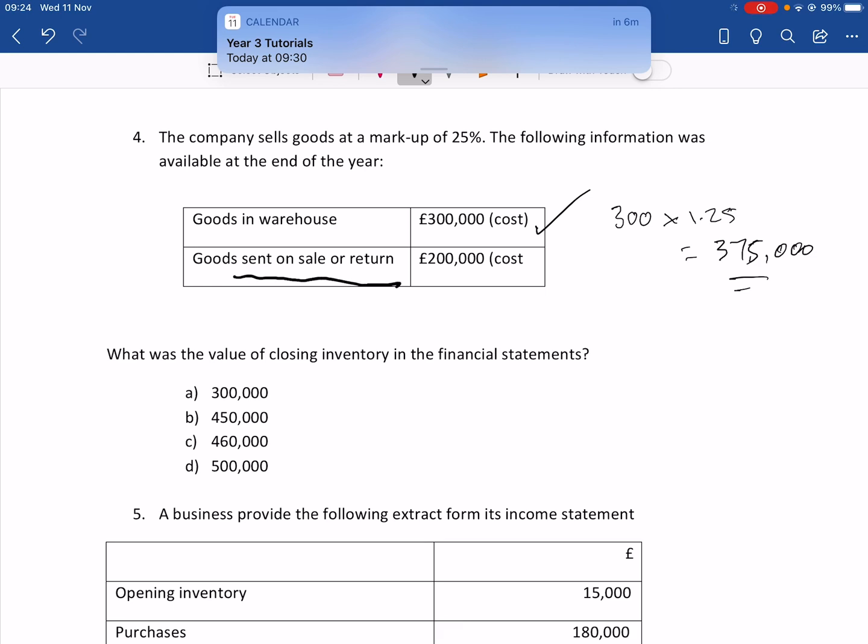The fact that it's sale or return means it's not within our stock figure anyway, yeah? So therefore, the answer to that question is simply the £300,000. They're trying to catch people out by putting the 25% markup in, but that's what we do when we have a 25% markup. But this one is, it says, so what's the value of closing inventory? Well, that stock has already been sent out, so we don't include it. So therefore, the answer to that question is 300,000. Okay?